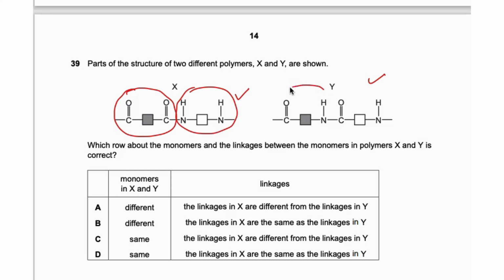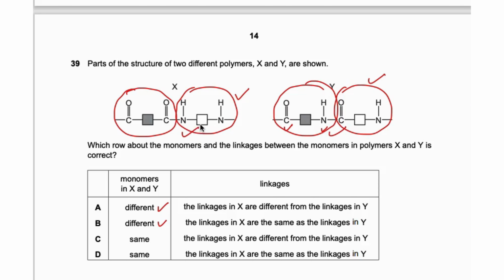But in the other polymer, each monomer has one amino group and one carboxylic acid. So these two are the same. The monomers are not different. These two monomers are the same, but the monomers of this compound and this compound are different. So either A or B.